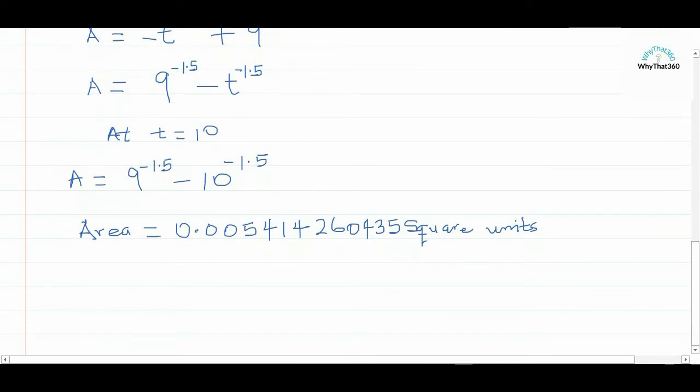I remember the question said we should also find the value of the area at t is equal to 100. So we go ahead and say when t is equal to 100, then what happens?